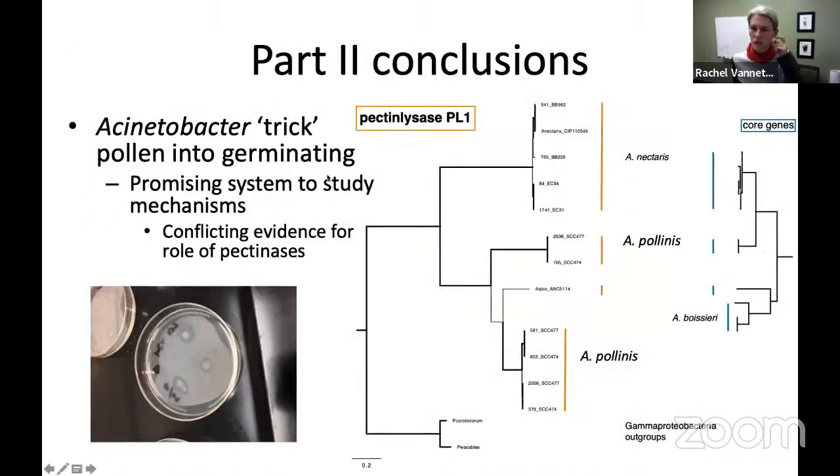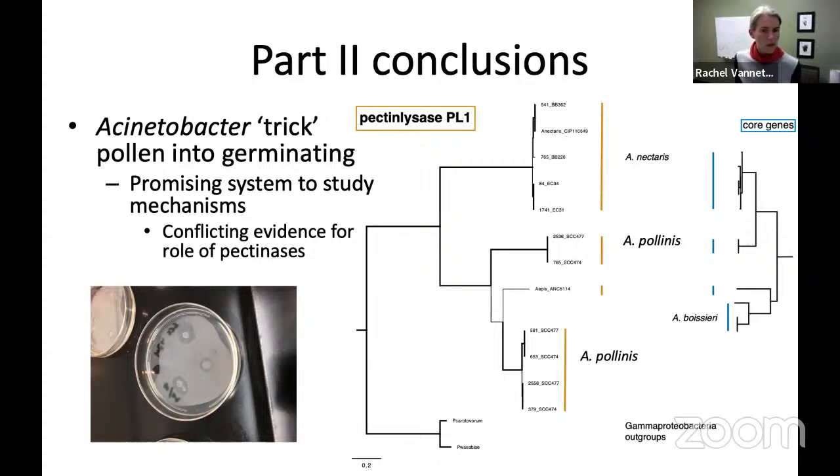So what can we conclude from this study? Well, we found evidence to support that Acinetobacter does influence the physiology of pollen, and in this case can trick it into germinating. This may be a promising system to study the mechanisms involved in pollination or pollen germination, which is not well studied in many species.